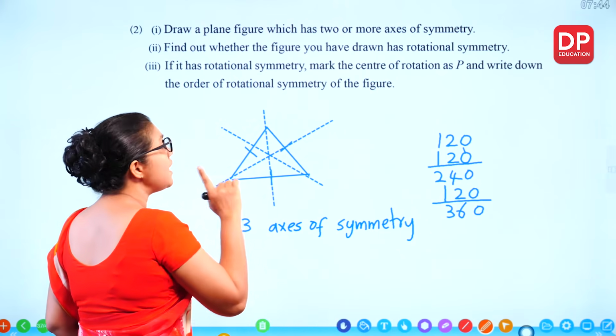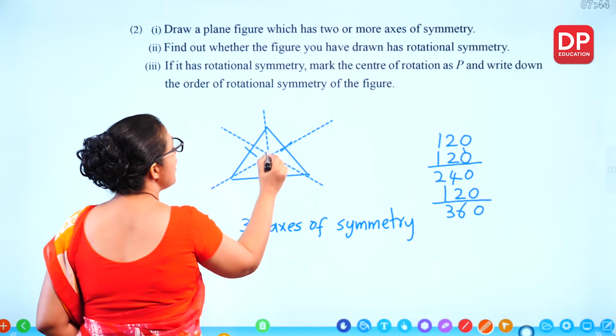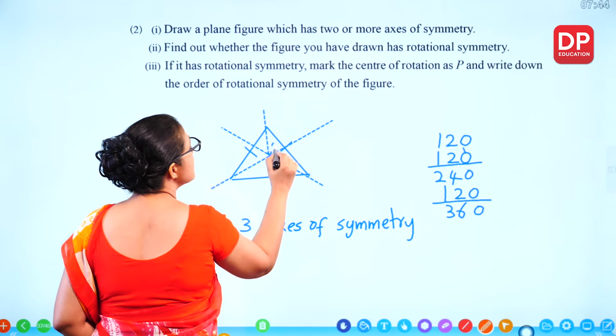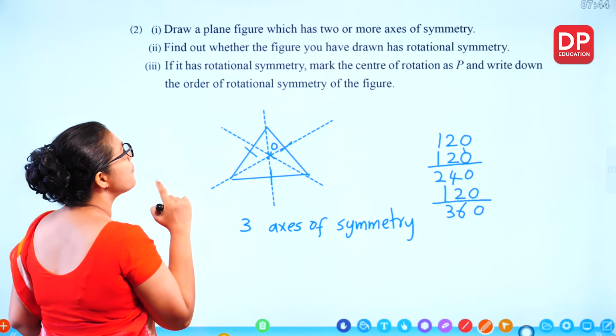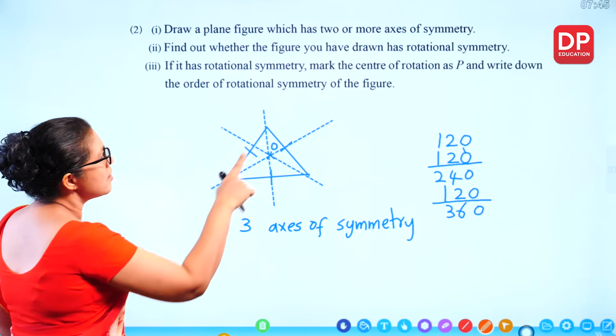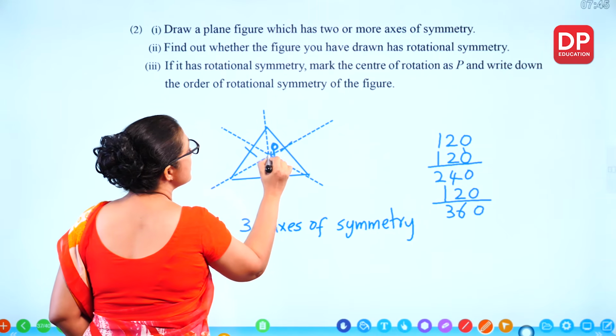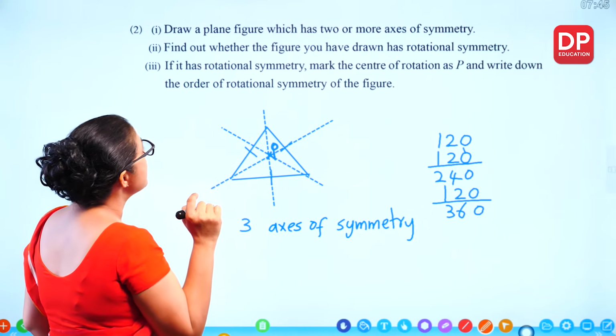So 3 times you are getting the same shape when you rotate about this point. We'll say O. So this is called the center of rotation. So we have to write that as P. P is this point.